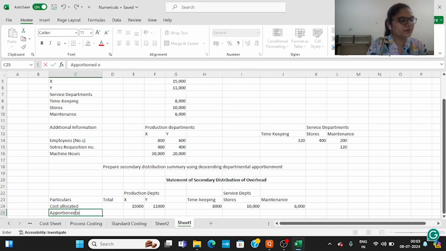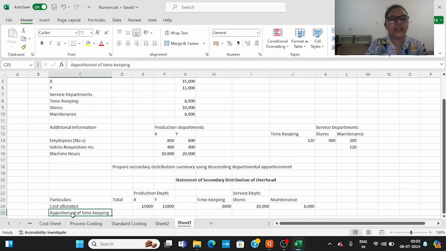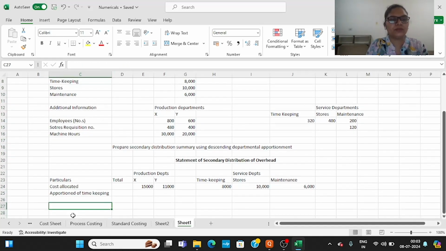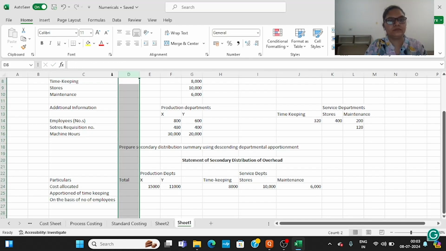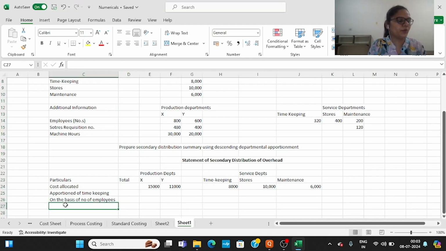Apportionment of timekeeping has been done on the basis of number of employees.